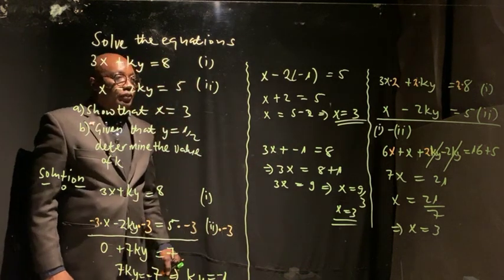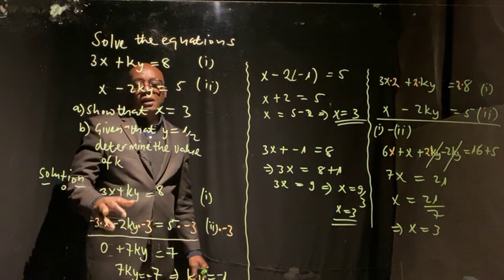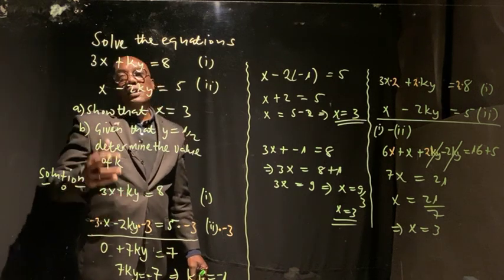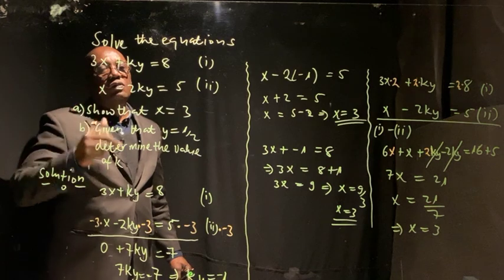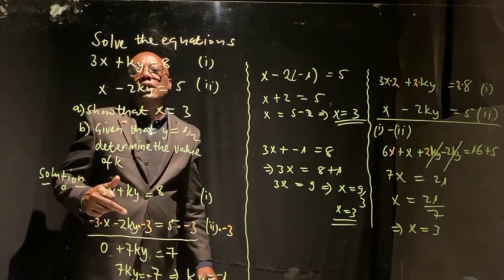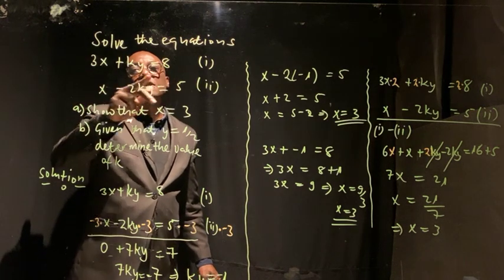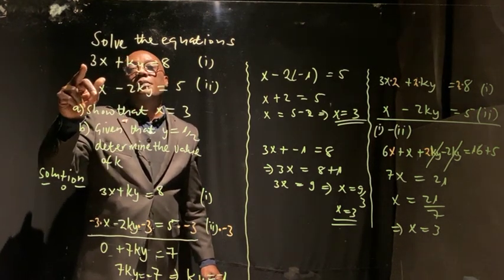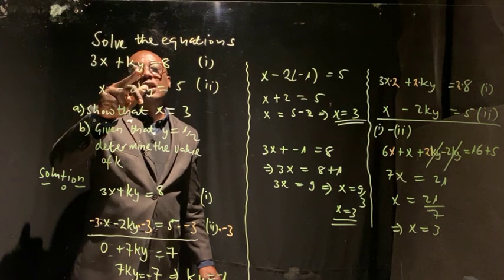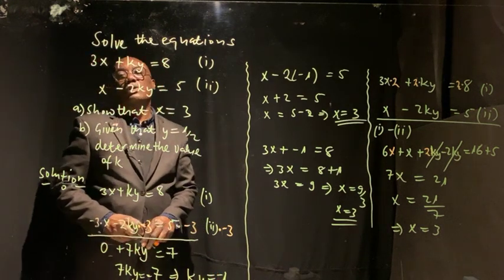And now, I also use this second approach, given the two equations. We could also have used equation 1, and this time multiply both sides by positive 2 in order to eliminate the term ky, one of the variables.